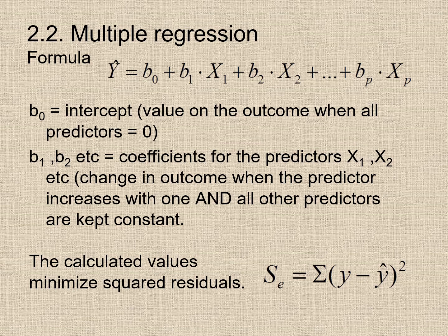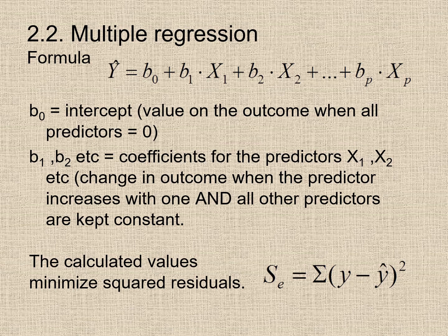So we get one intercept and one regression coefficient for each independent variable. What does the intercept stand for? The predicted value on the dependent variable if all predictors are 0. If we put in 0 for every x here, the only thing we have left is the intercept.